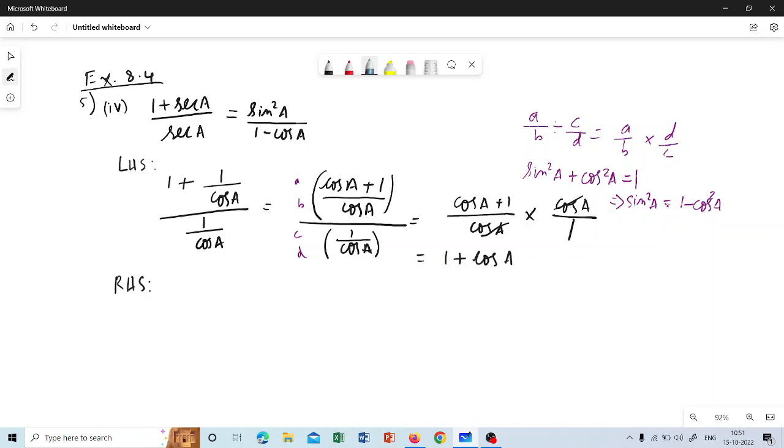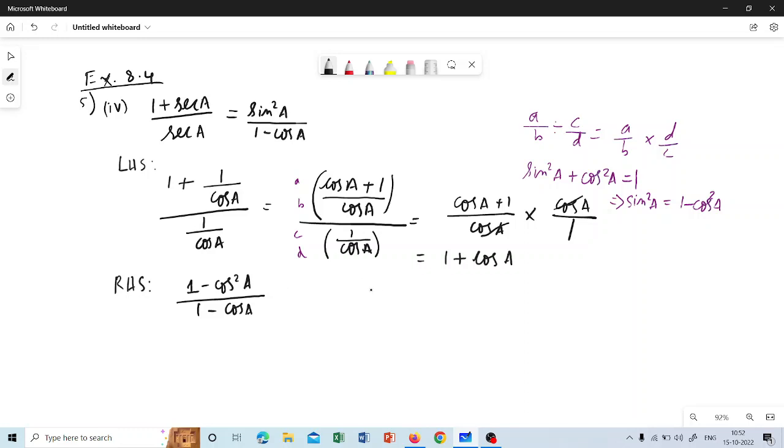So sine square a by 1 minus cos a is equal to (1 minus cos square a) by (1 minus cos a).